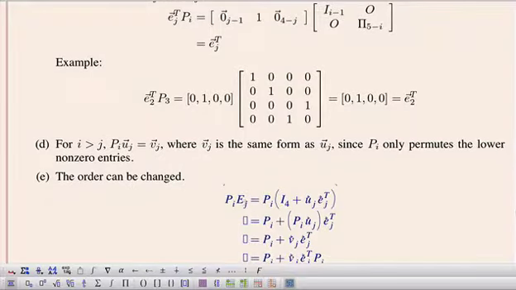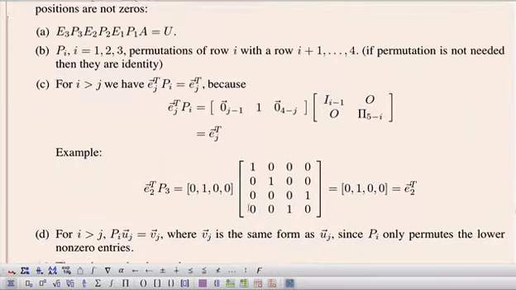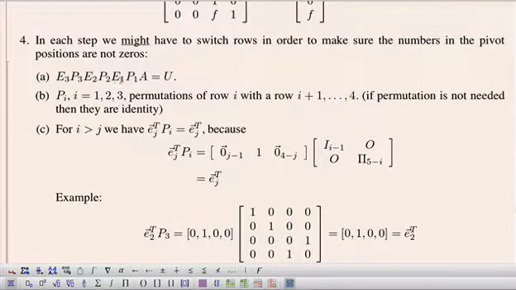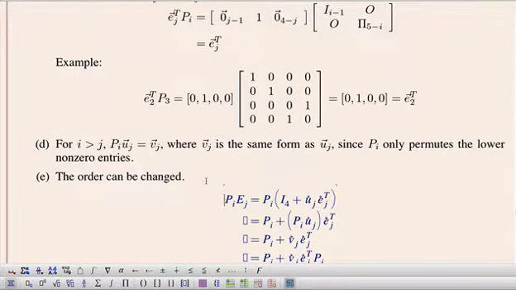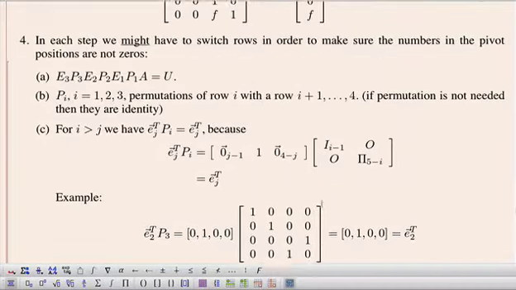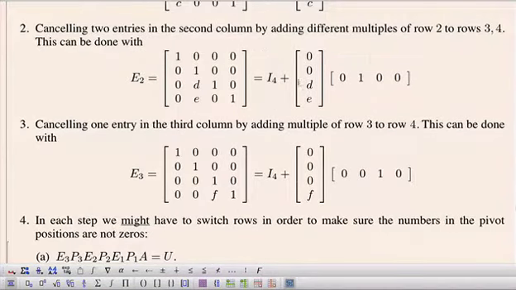So if you write down the product of P_i with E_j, where i is larger than j, then E_j can be written as the identity matrix plus some vector multiplying the e_j transpose vector, like the way we did here.